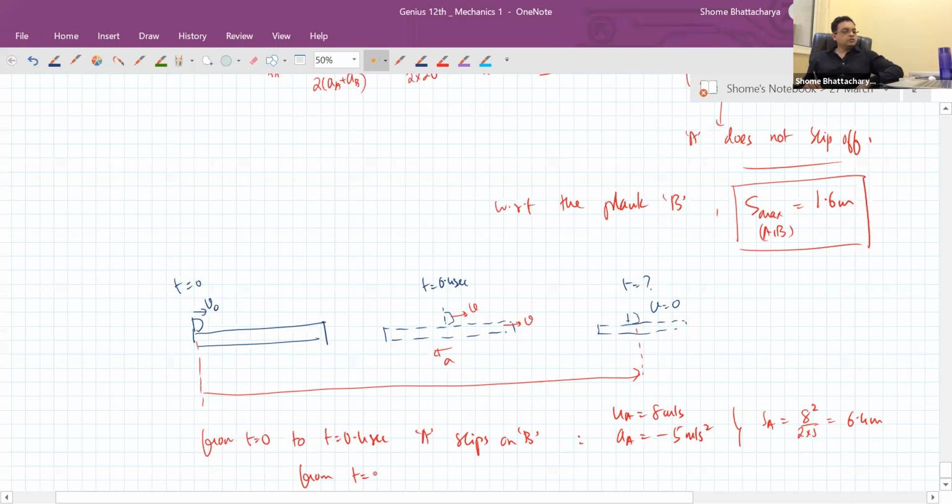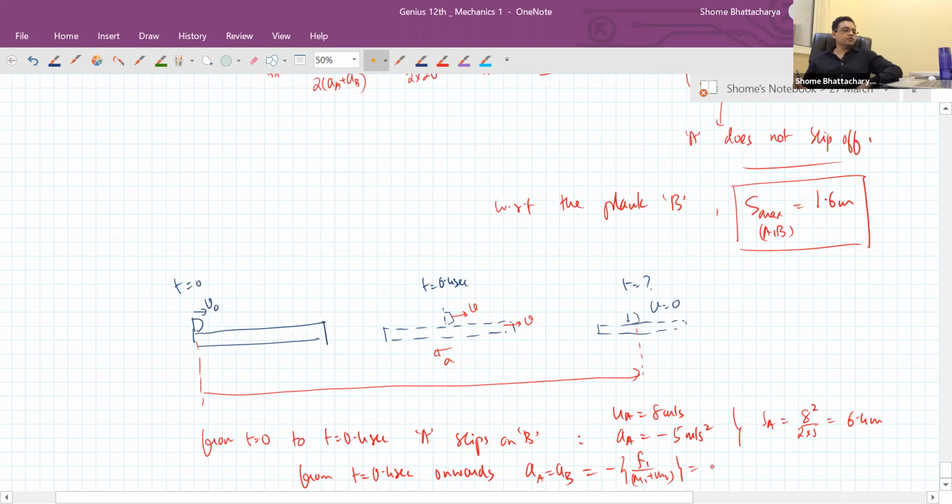Okay, but then from t equal to 0.4 seconds onwards, acceleration of A is equal to acceleration of B, which is negative of the kinetic friction on the floor divided by m1 plus m2. Because as a combined object, they have that thing acting on it.